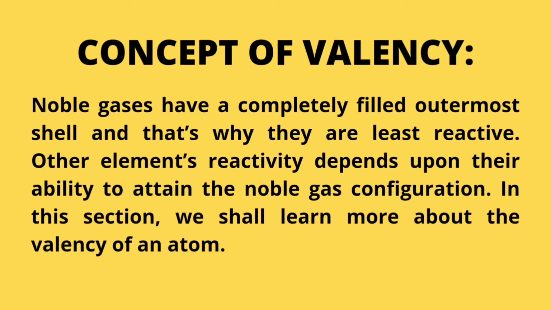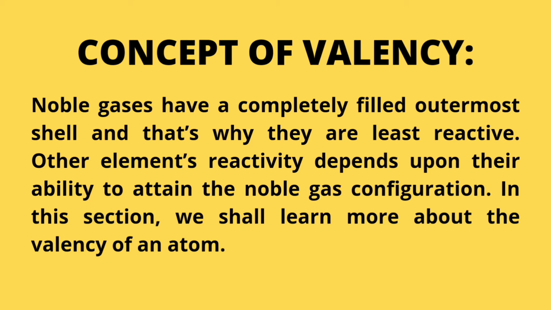Let's understand the concept of valency. Noble gases have a completely filled outermost shell, and that's why they are least reactive. Other elements' reactivity depends upon their ability to attain the noble gas configuration. It means they have to attain at least 8 electrons to complete their octet or 2 electrons to complete the duplet.